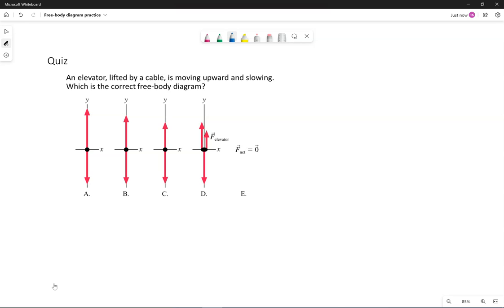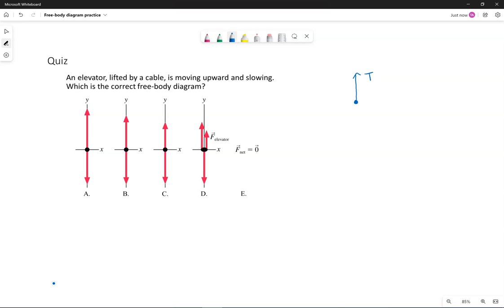Okay, so my elevator, again, my elevator is my object of interest. So that's my dot. I know there's a cable pointing upwards. In our options, they have not labeled all of the forces. I'm going to go ahead and call this tension. A cable is essentially a big cord or rope.